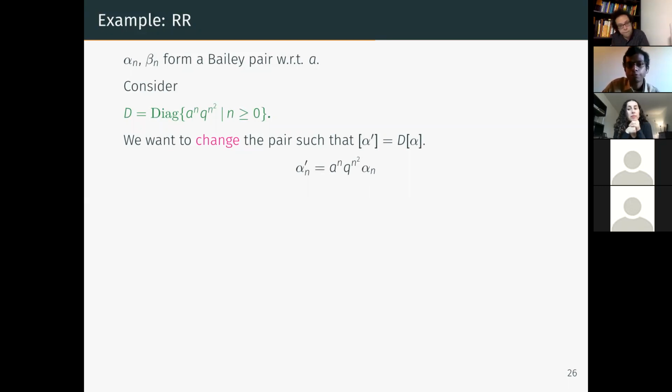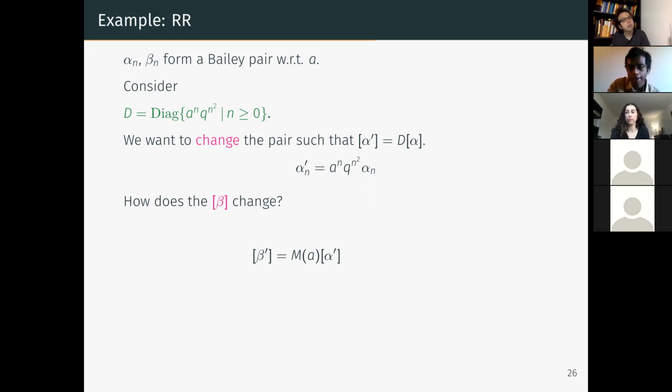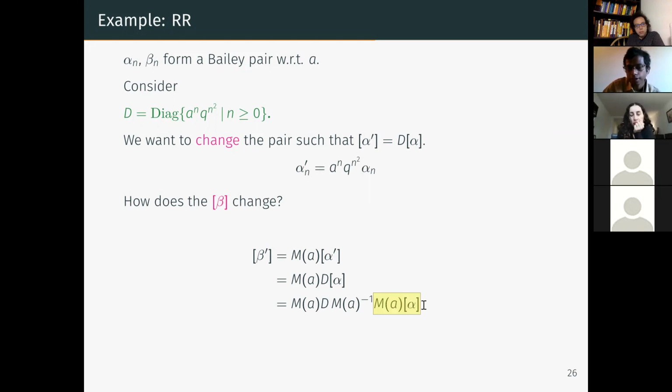Okay, let's see how that affects the beta. Of course, beta prime is, again, since I'm not changing the base, still M times alpha prime. So let's plug it in. Alpha prime is D alpha. Let me write it this way. Now note that M times alpha is our old beta.